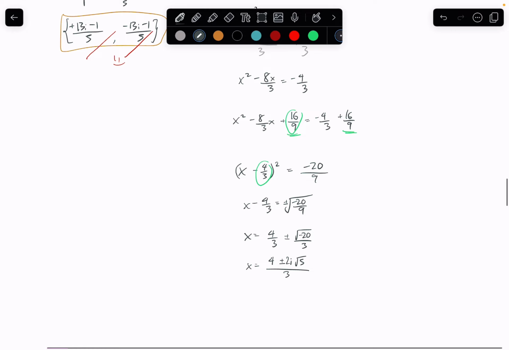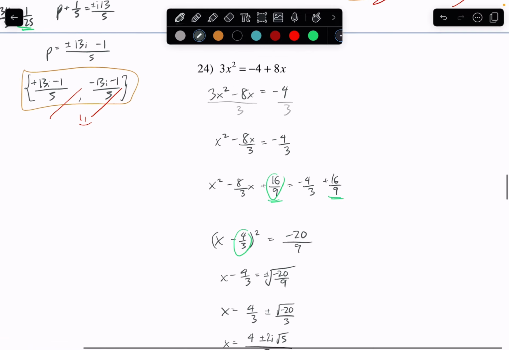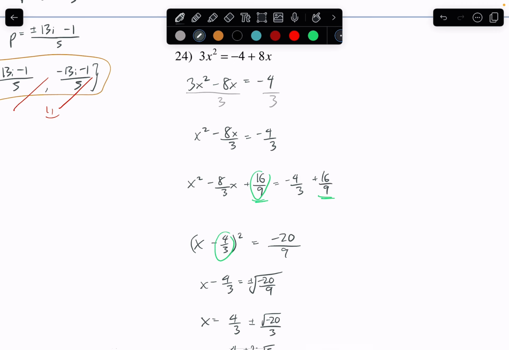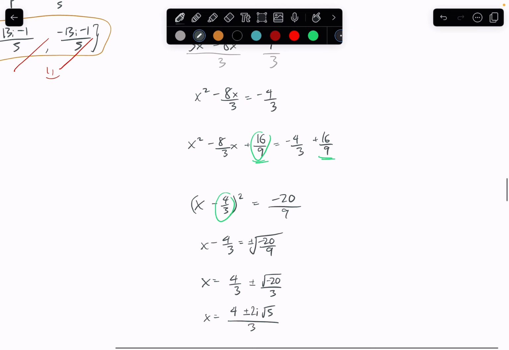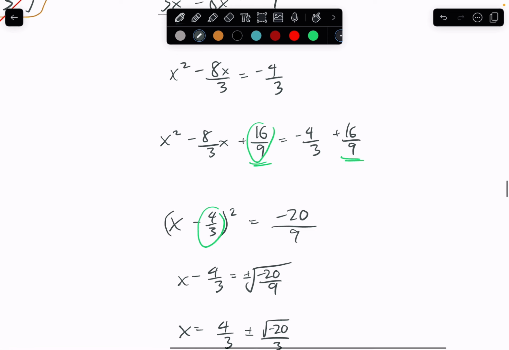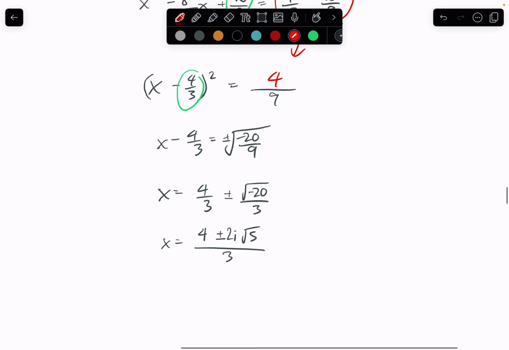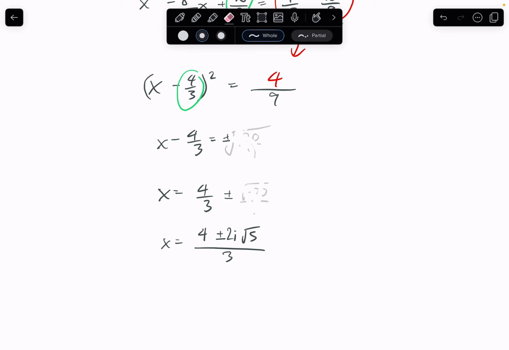I wonder why there are no imaginary numbers in the answer key of number 24. What's supposed to be the answer according to Kuta Software? I think I found a mistake. This is not supposed to be negative 20. It's supposed to be 4 over 9. How did I still make a mistake in that?